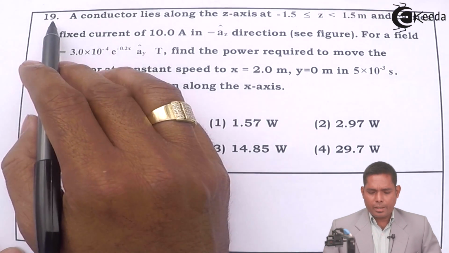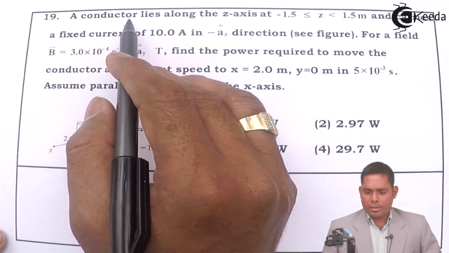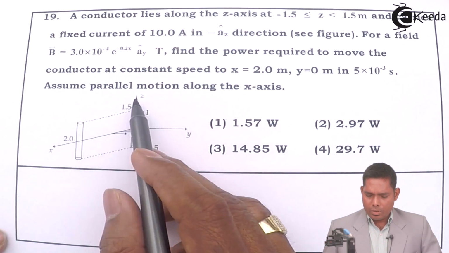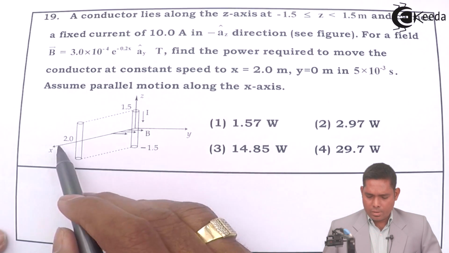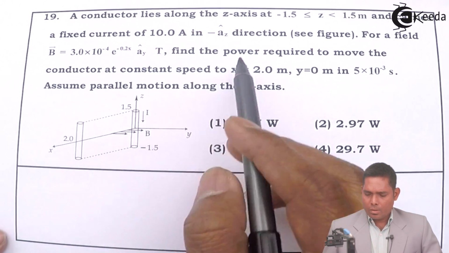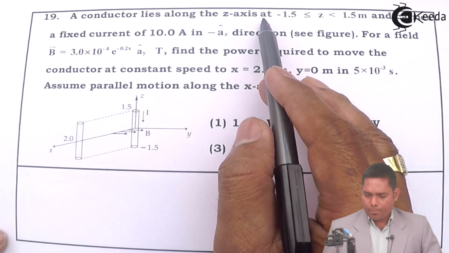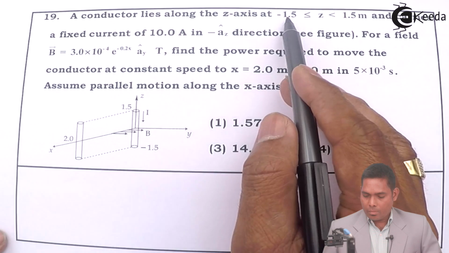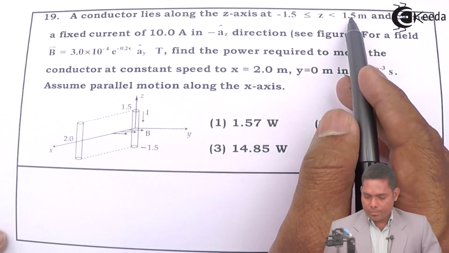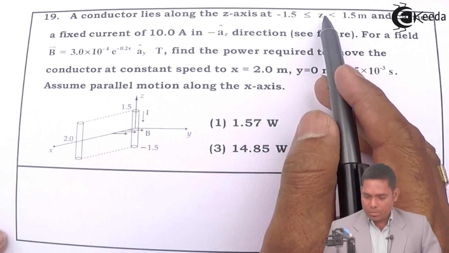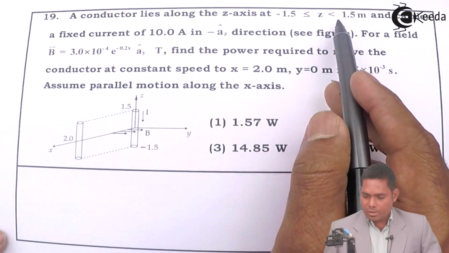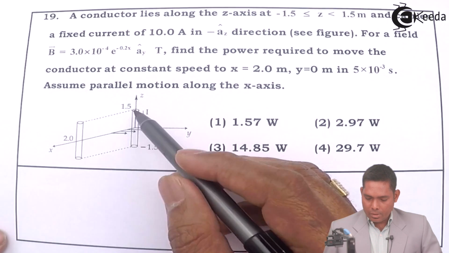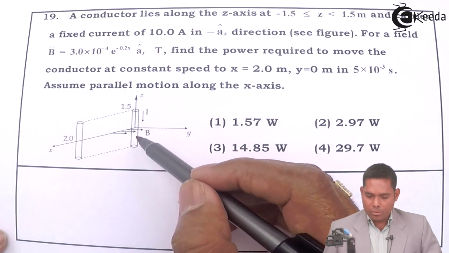Question number 19. A conductor lies along the z-axis. So this is the z-axis, this is your x, and this is your y-axis. The z values are minus 1.5 and 1.5, so the conductor lies along the z-axis and this is its length, 3 meter.